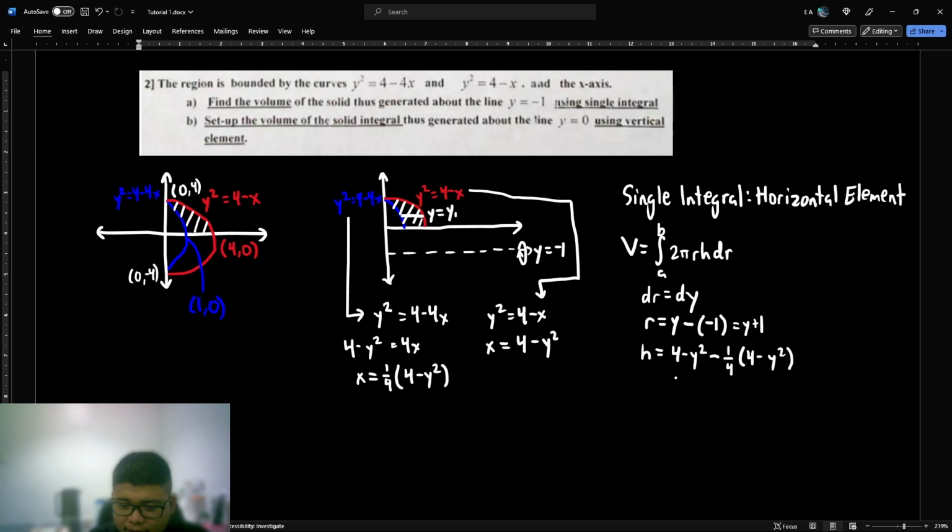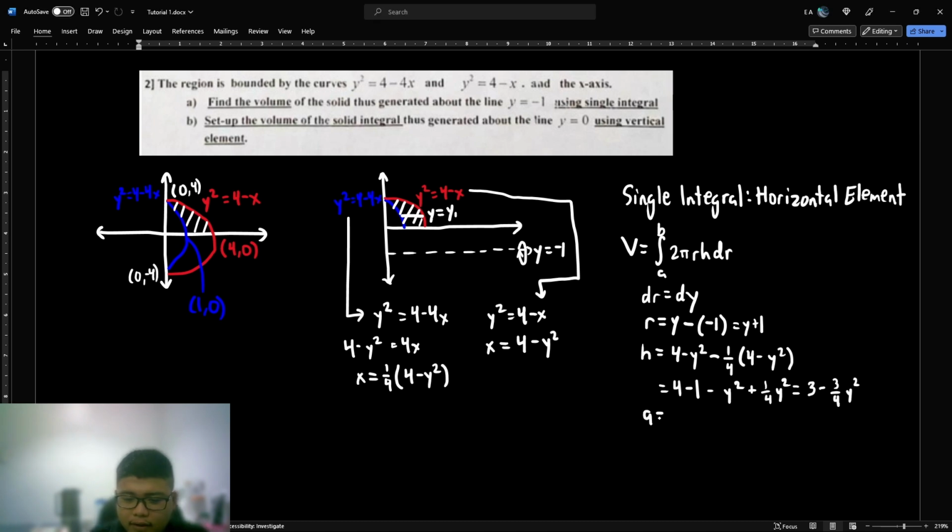So let's simplify this even further. This becomes 4 minus 1 minus y squared plus 1/4 y squared. This is simply equal to 3 minus 3/4 y squared.